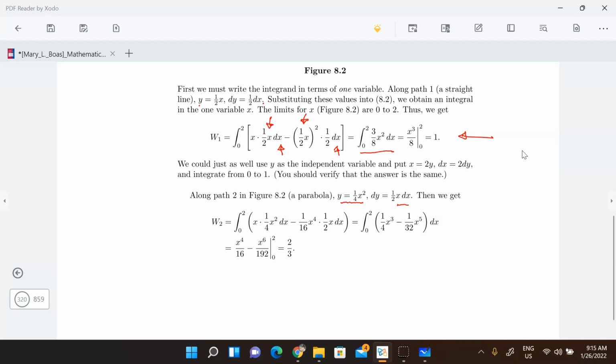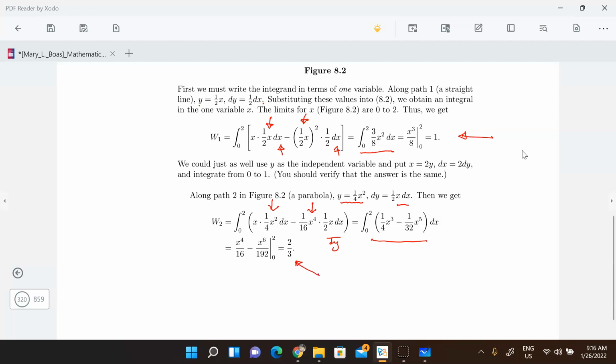So here is again your y, and here's your y squared, and then this is your dy. Everything substituted in, then simplify the equation, and you have this integral to integrate, which is easy enough. Just do the usual integration, and you find the answer is 2/3.